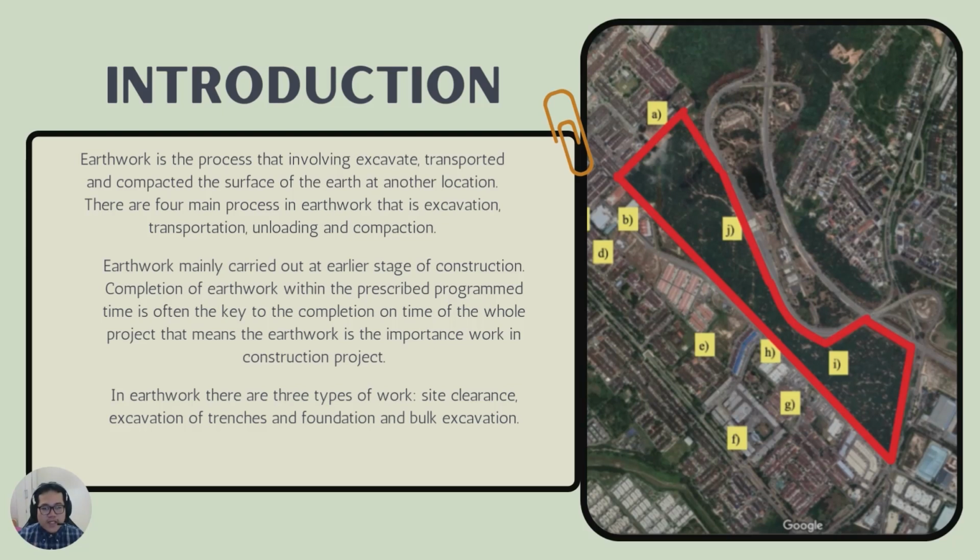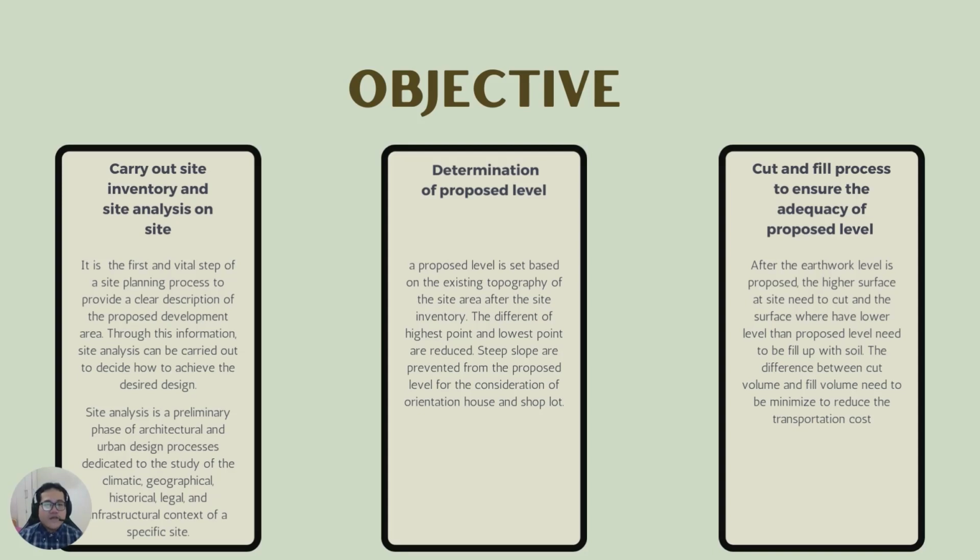Earthwork is the first step before we do our construction. So in earthwork there are three types of work, which is site clearance, excavation of trenches, and foundation and bulk excavation.